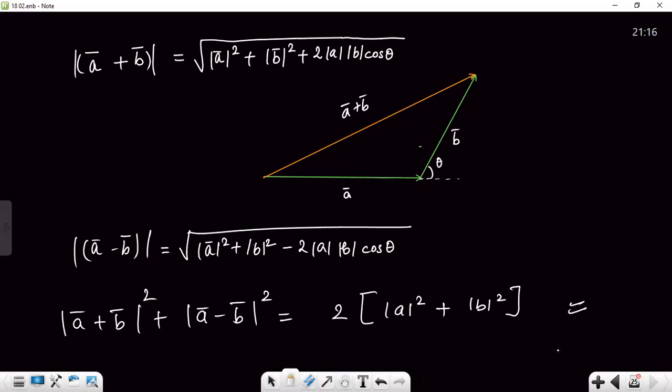We have taken their squares and then added: A square plus A square is 2A square, B square plus B square is 2B square, and the remaining terms cancel each other. Clear? Any doubts?